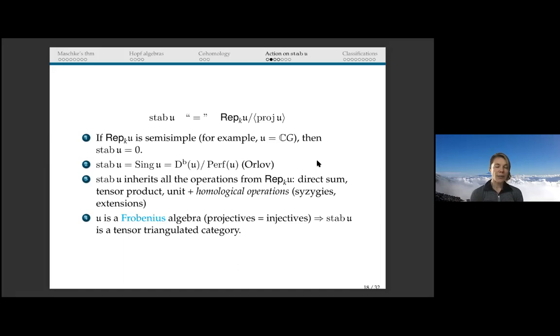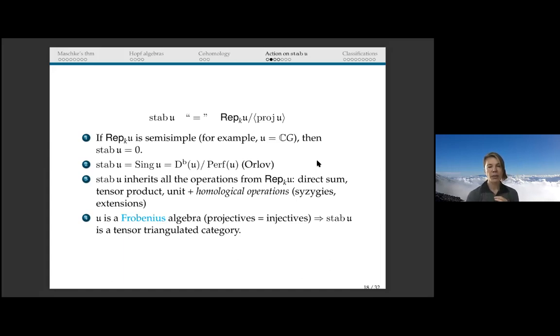One can view this from the algebraic geometry point of view, if this is something closer to your heart. So this category also is equivalent, I shouldn't have said equal, it's equivalent to the singularity category of U. And now it's formal. We take the bounded derived category of U, that's a triangulated category, and we mod out the category of perfect complexes.